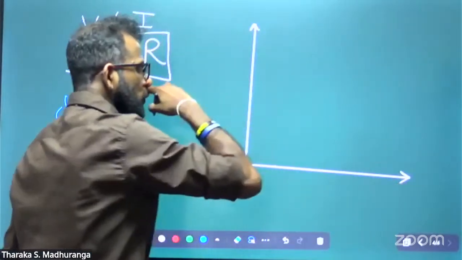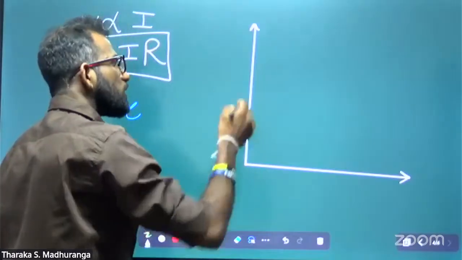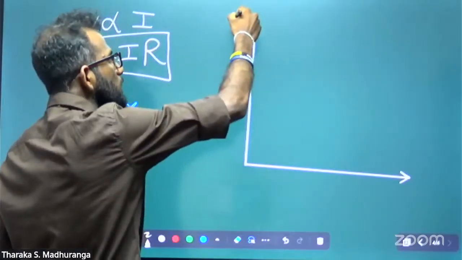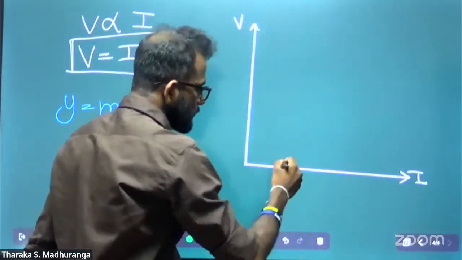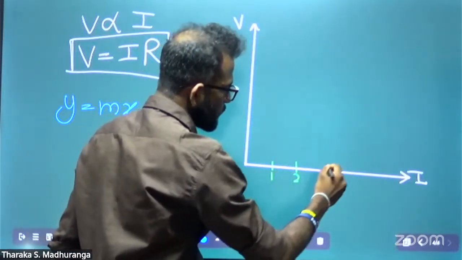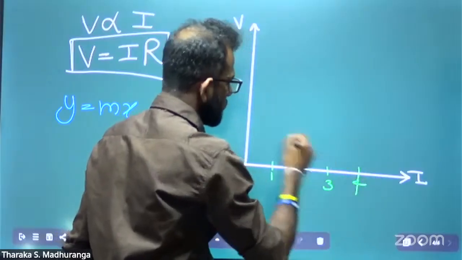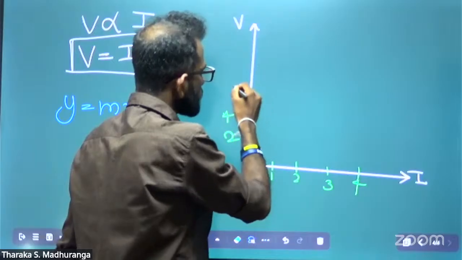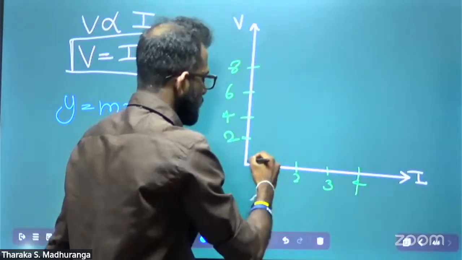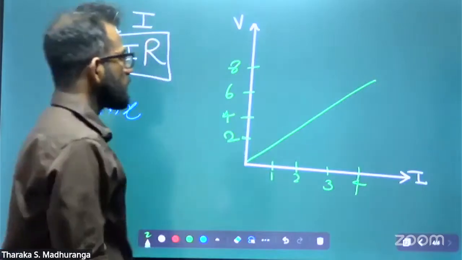Now I am going to draw this same graph by changing V and I. I put I on this side: 1, 2, 3, 4. The voltage changes 2 by 2: 2, 4, 6, 8.